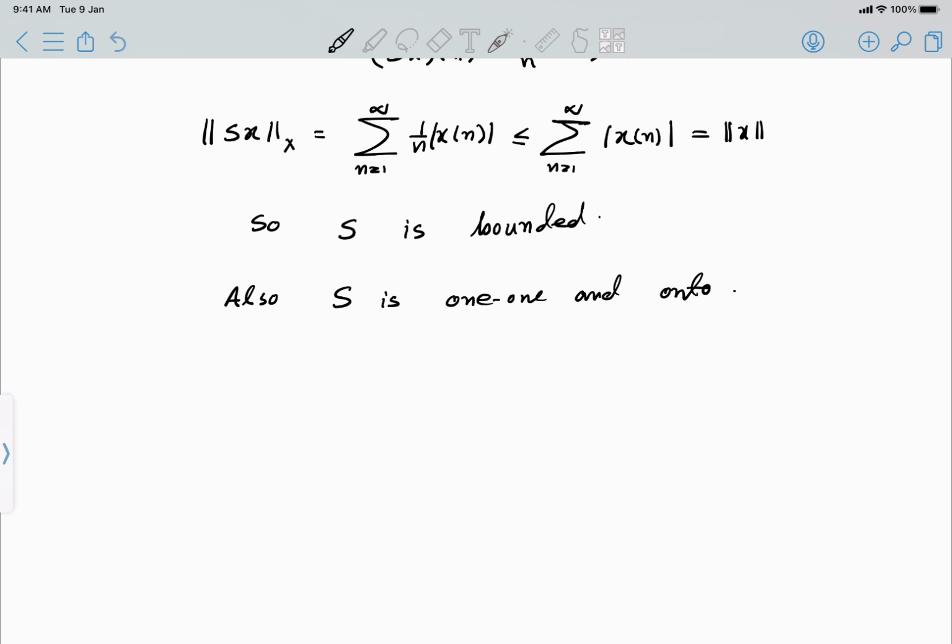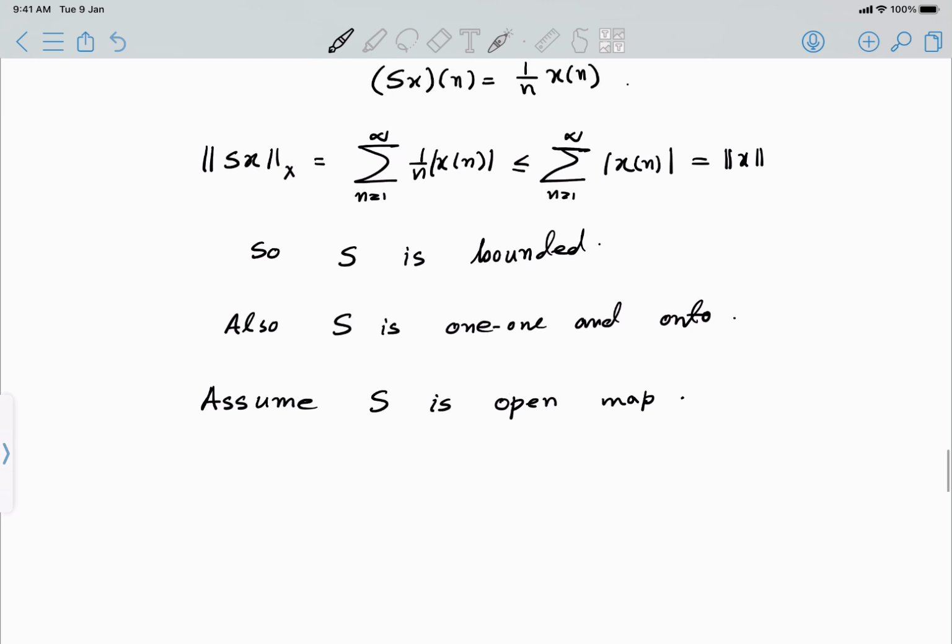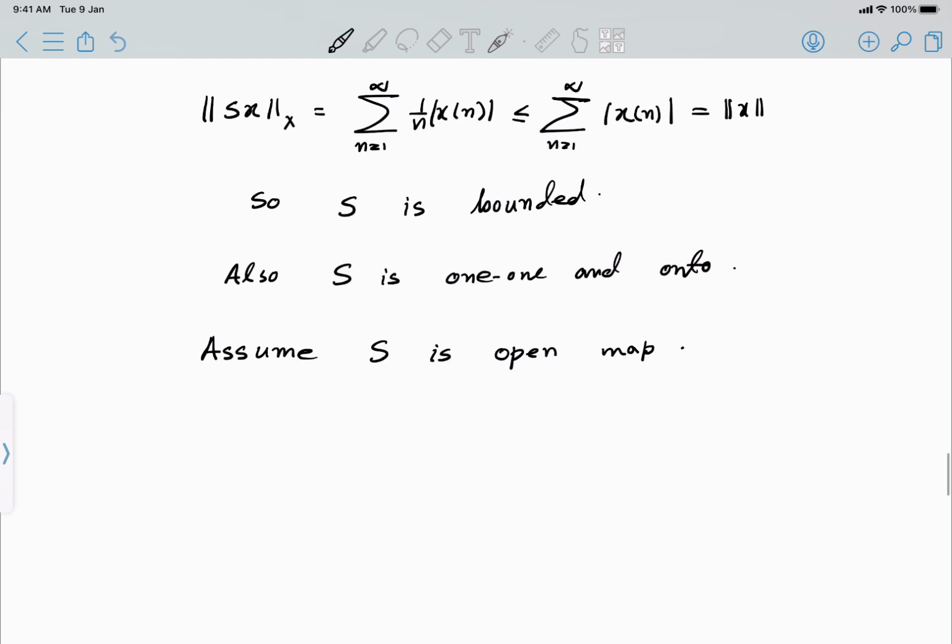Now let S be open. So assume S is open. Then what happened? Let's see. As S is a linear operator, being bounded means it is continuous.